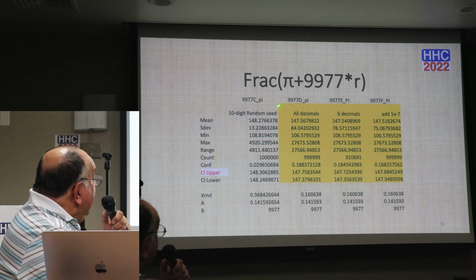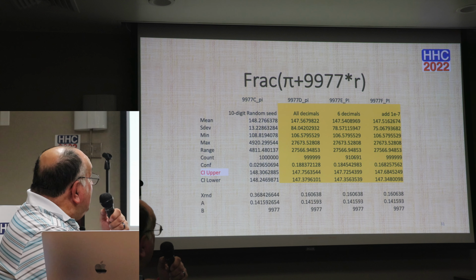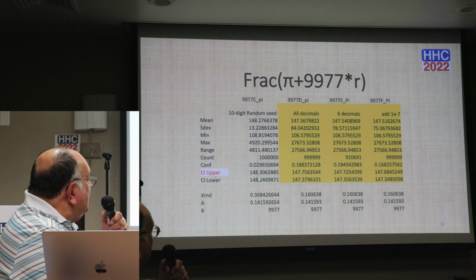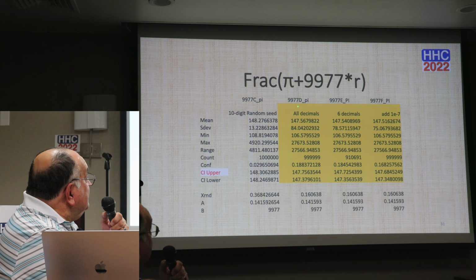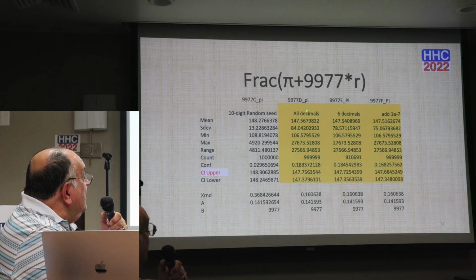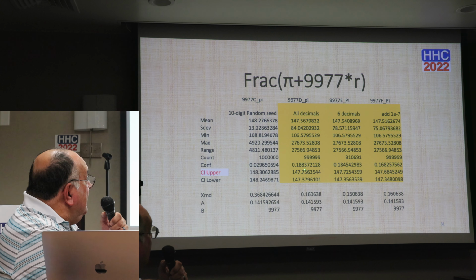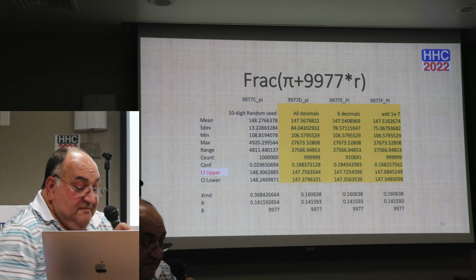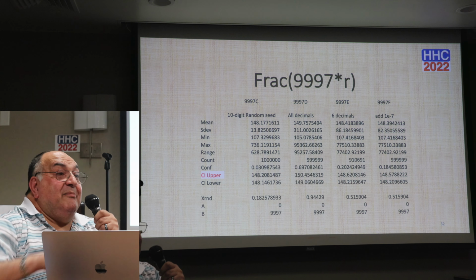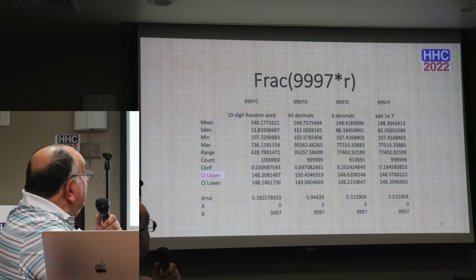If I add pi to it, the 10-digit random seed is comparable to the 997 baseline, but the other versions, 6 decimals with insignificant zeros, with significant decimals, they all do much better. So that's good. We will come back and tally everything together.